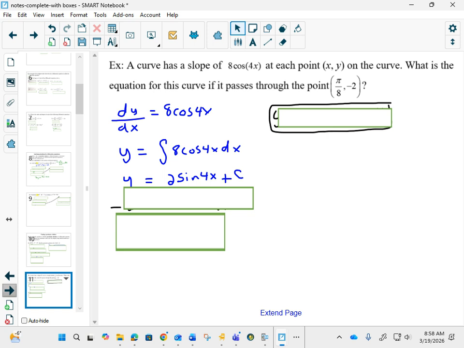Integral of cos is sine, but that 4x means that you would have to divide by 4, so I did the 8 divided by 4 and got 2.